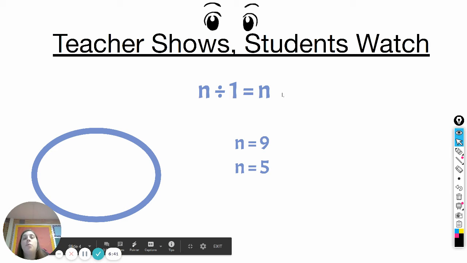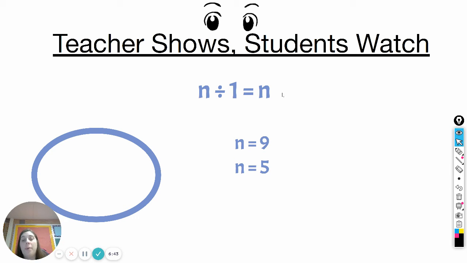Now I'm going to have you watch this example where we're dividing by 1. Okay, so I have n equals 9. So what I'm going to do is change this to 9. And I'm going to do 9 divided by 1. And if this statement is correct, it should equal 9.